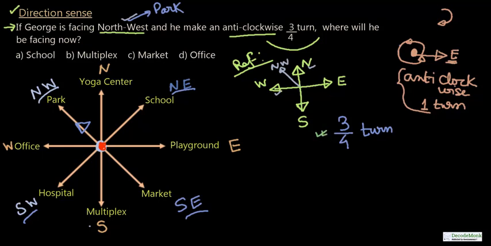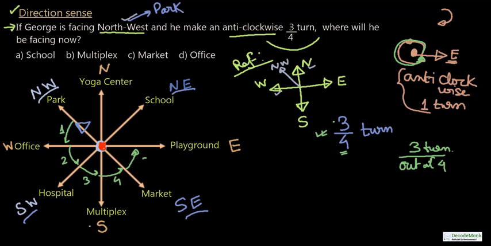So here in our question it's telling 3 by 4 turn. That means one complete turn is further broken down into 4 turns, and out of that George is making 3 turns. So simply speaking, let us count the total number of small turns over here. This is 1, 2, 3, 4, 5, and you see I am moving anti-clockwise.